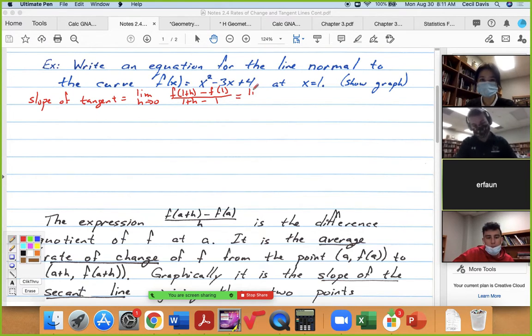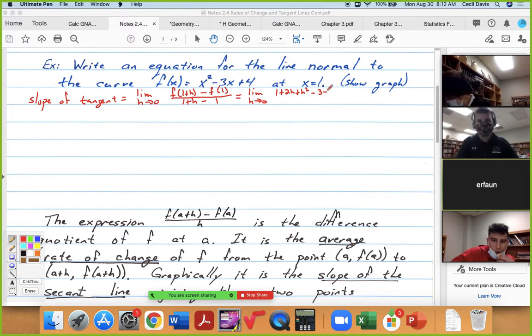So this will be the limit as h goes to 0 of 1 plus h squared, which would be 1 plus 2h plus h squared, minus 3 times 1 plus h, that'll be minus 3, minus 3h, plus 4.